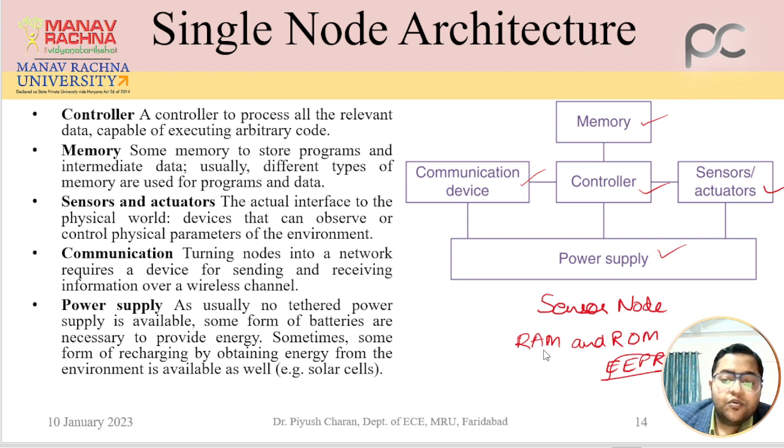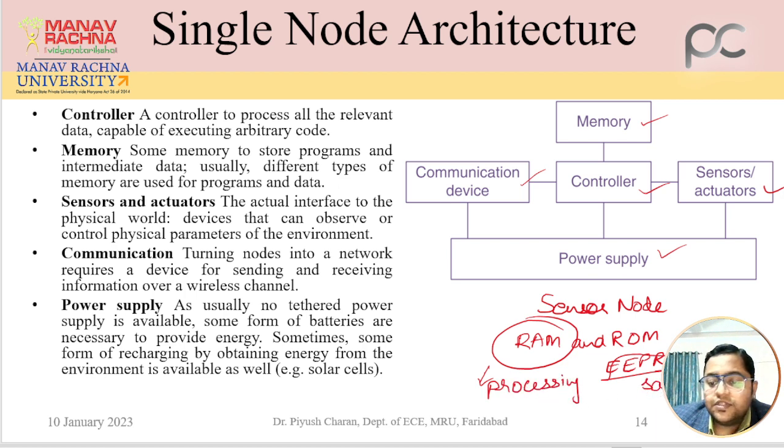RAM is for processing all the data. This one is for saving data. All the sensed data has been stored. And sensors and actuators are the actual interface to the physical world, devices that can observe or control physical parameters.